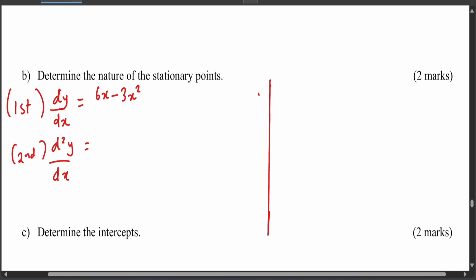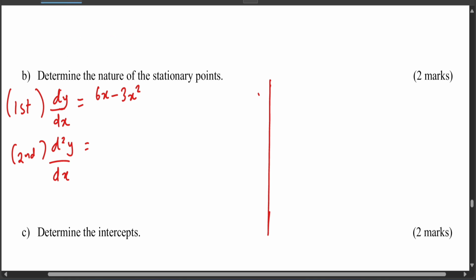So now the question says determine the nature of the stationary points. What it is mostly asking is whether the first stationary point is a maximum or minimum, or whether the second one is a maximum or minimum. So you just want to know, is it like this or is it like this? Very simple.